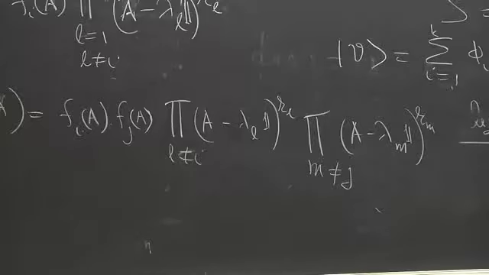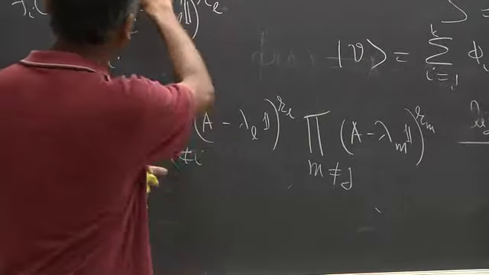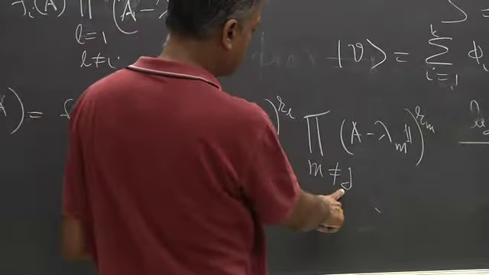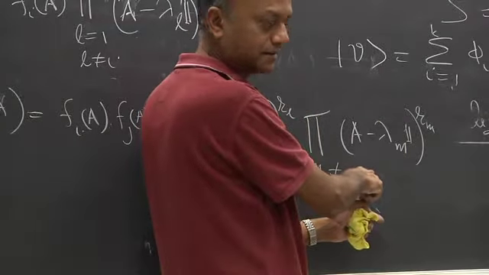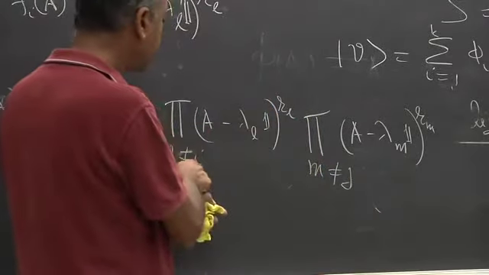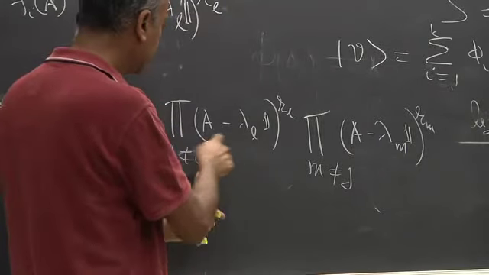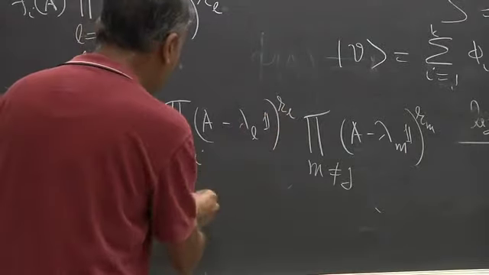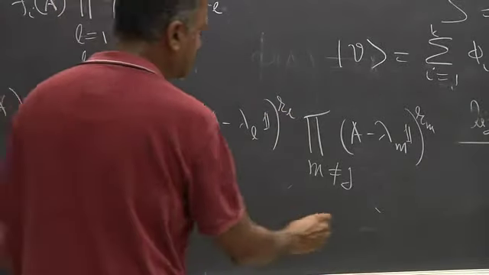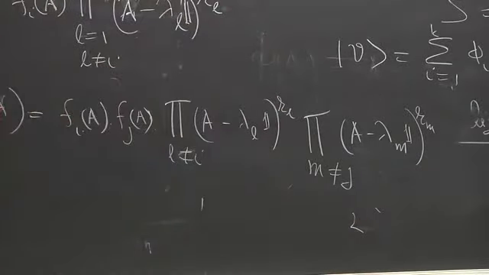Just put them together, and now use the fact that for i not equal to j, only the jth term is missing here, everything else is there. But if i is not equal to j, there will be a term with l equal to j here. Suppose i is 1 and j is 2. Just take a simple example.